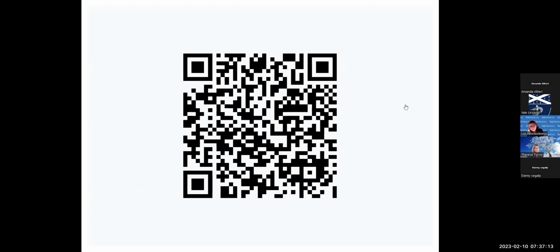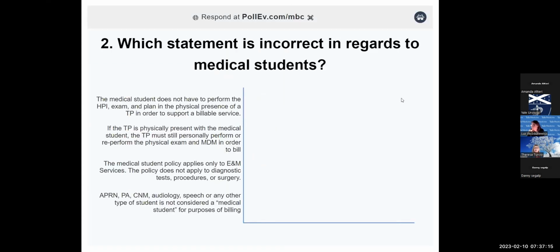Okay, we'll move on to the next poll. Which statement is incorrect in regards to medical students? 1, the medical student does not have to perform the history of present illness, exam, and plan in the physical presence of the TP in order to support a billable service. 2, if the teaching physician is physically present with the medical student, the TP must still personally perform or re-perform the physical exam and the medical decision-making in order to bill. 3, the medical student policy only applies to E&M services.